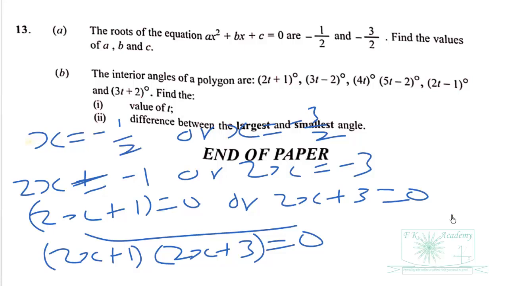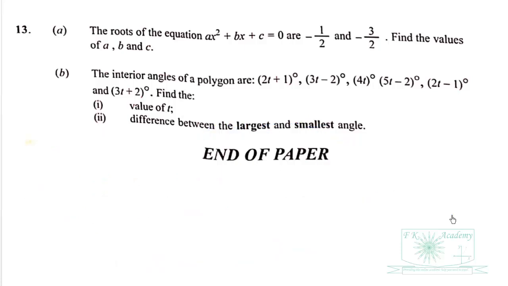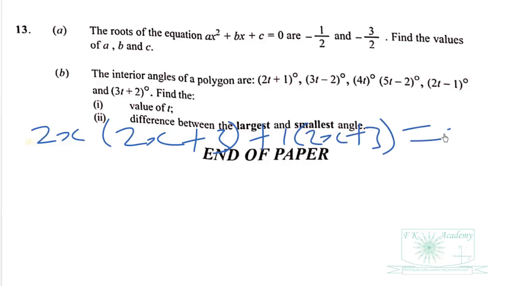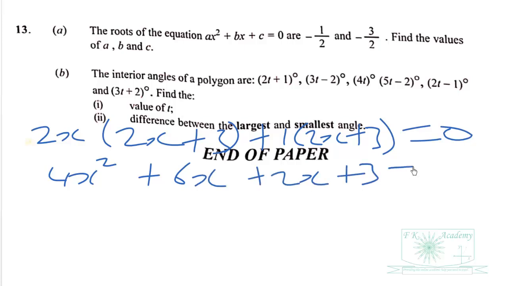So we have to solve this equation. We expand. Remember, we had 2x into bracket 2x plus 3, then plus 1 into bracket 2x plus 3 is equal to 0. So this will give us 4x squared plus 6x, then we have plus 2x plus 3 equals 0.